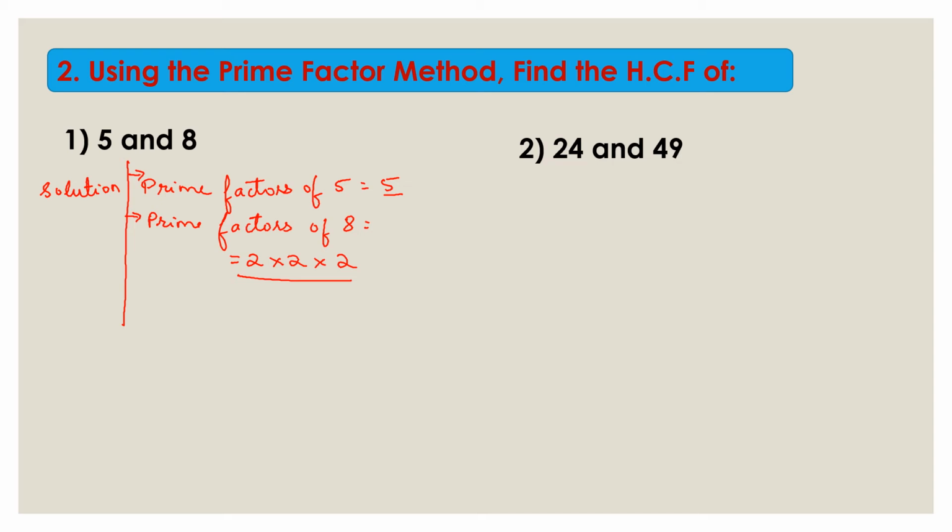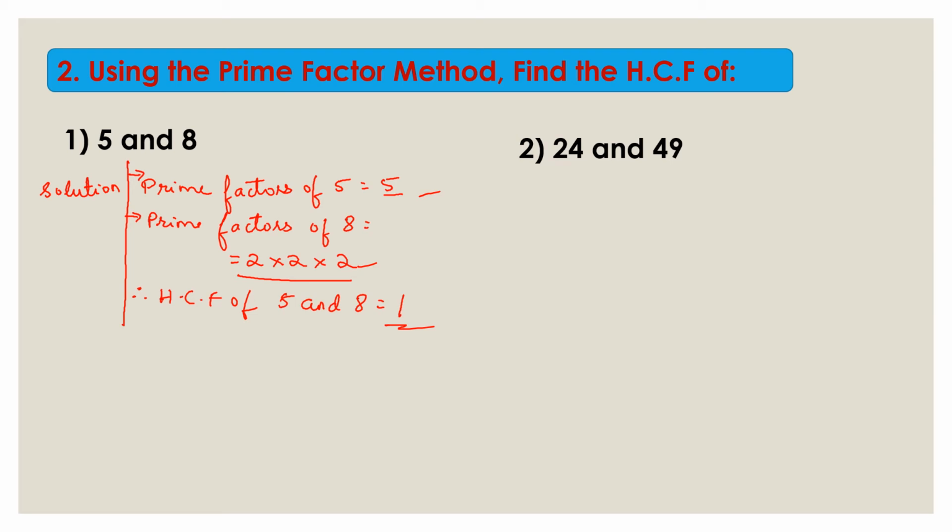So the HCF of 5 and 8 is equal to 1, as both the numbers are co-prime. Remember, when the numbers are co-prime, the HCF will be 1.